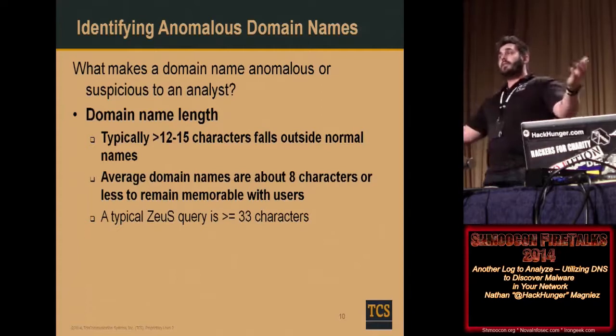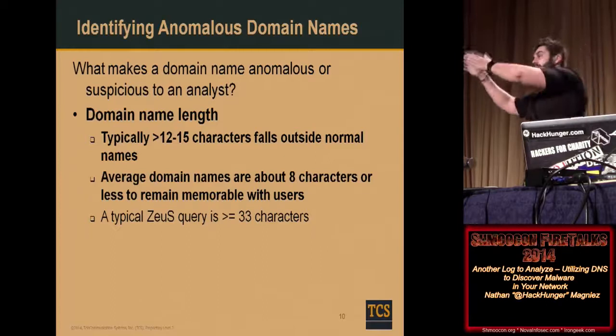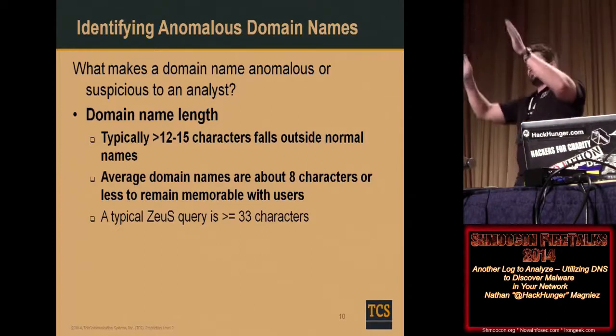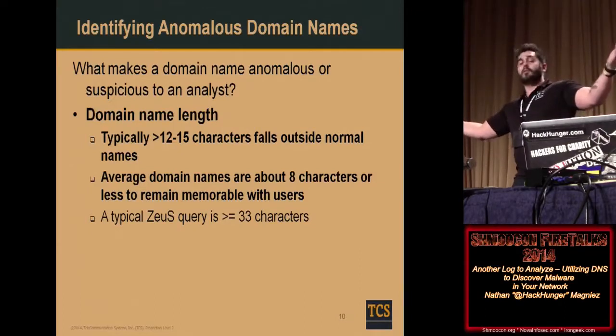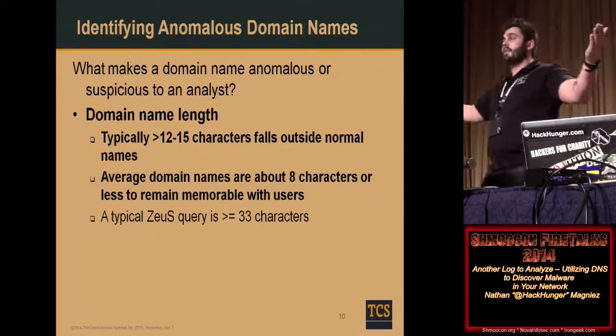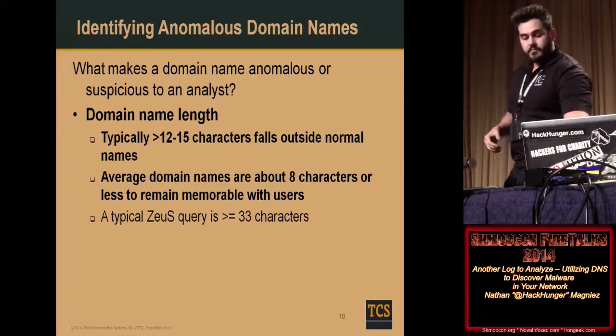So anything greater than that, when you're doing a cursory look through your log list, and you streamline down through 8 characters, 10 characters, 12, all the way down, and then you see something that's 15 or 33 in the example of Zeus, that's going to catch your eye, right? So focus on that as well.